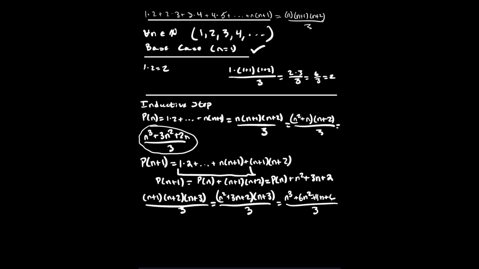So we can take that out of this. So n cubed plus 3n squared plus 2n all over 3. And that leaves us with 3n squared plus 9n plus 6 all over 3, which is equal to P of n plus n squared plus 3n plus 2.